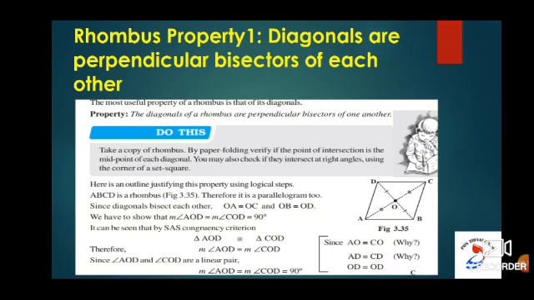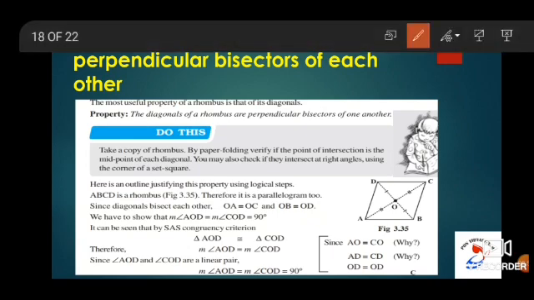Again, here we are going to use SAS congruency. Let us consider triangle AOD and the other triangle COD. See here, AO and CO are equal, and similarly AD and CD are also equal because they are sides of a rhombus. So two sides we have taken and one more angle.